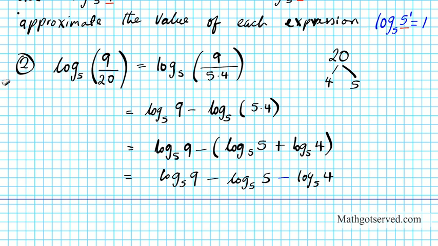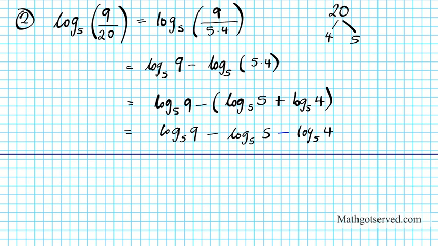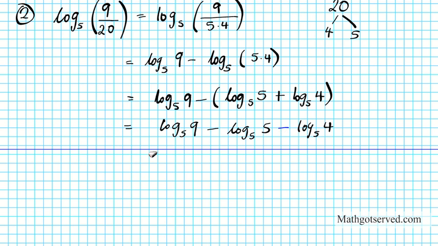Now I'm ready to substitute these with the approximate logarithmic values and then compute the difference. So log base 5 of 9 is approximately 1.3652. Log base 5 of 5, using the inverse property of logarithms, is 1, minus log base 5 of 4, which is 0.8614.